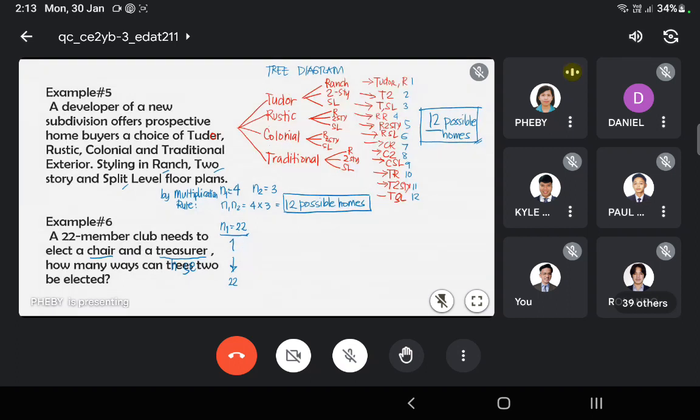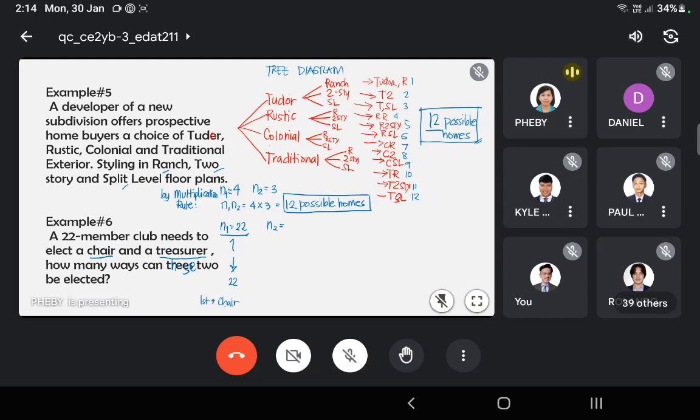Tama? Diba? 1 to 22. So, for our n sub 2, ano ang ating n sub 2? So, for example, the first to be elected is the chair. So, out of 22 members, one of that can be elected as the chair. So, for the chair, we have 22 candidates. So, 22 yung pwedeng manalo. That is the first order or yung ating first to be elected.